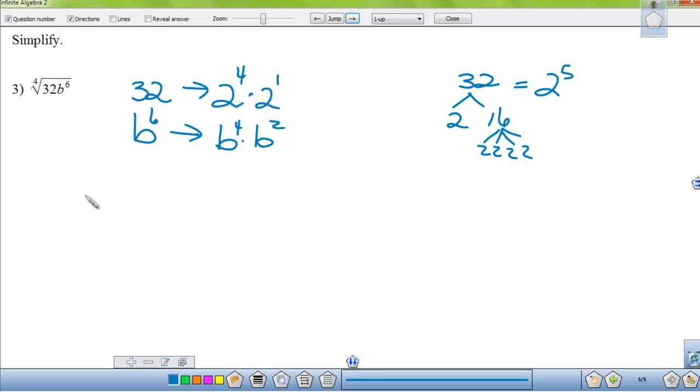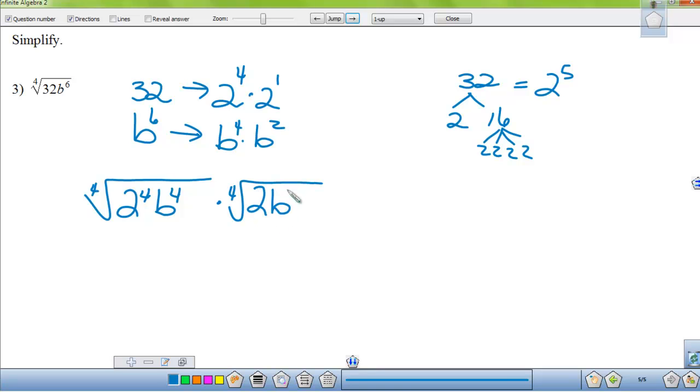And again, I'm going to take these perfect 4th powers and place them underneath the same radical symbol. And the leftovers will go underneath another radical. And now again, these cancel each other out. These are inverse operations of each other. So the 4's disappear, and the root of that radical goes away, and we're left with 2b times the 4th root of 2b squared. And that will be the end of this video.